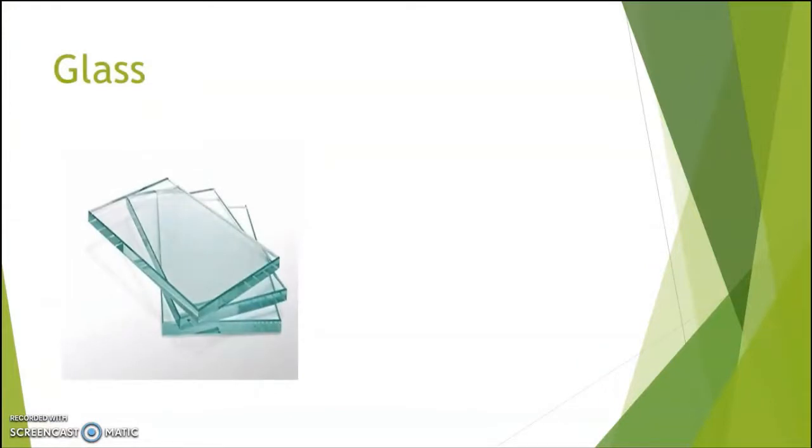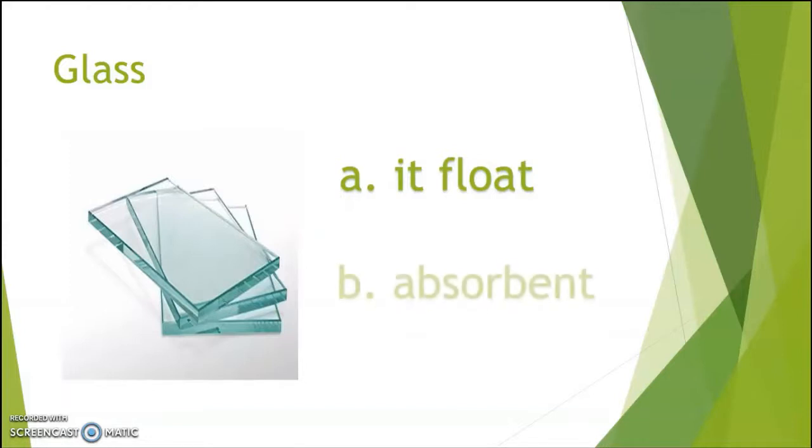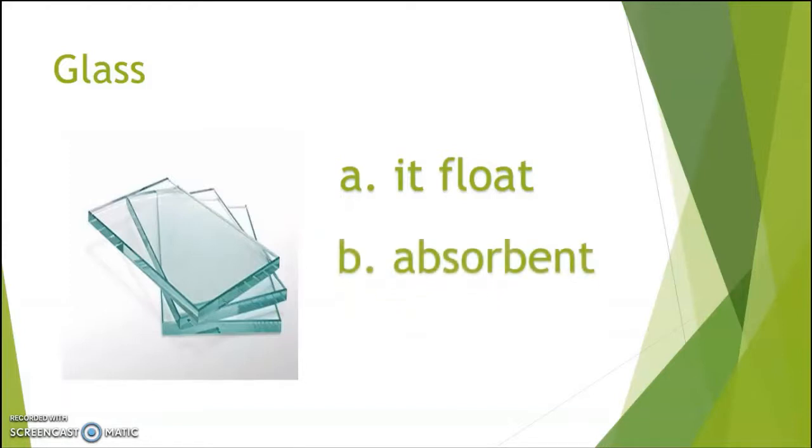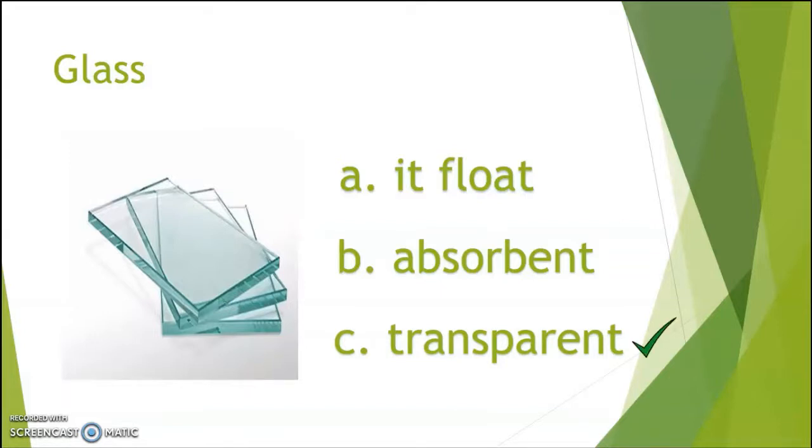Now this one, glass. Okay. Letter A, it floats. It means it floats in the water. Letter B, absorbent. It will absorb the water. Letter C, transparent. What is your answer? Of course, yes, letter C. Very good.